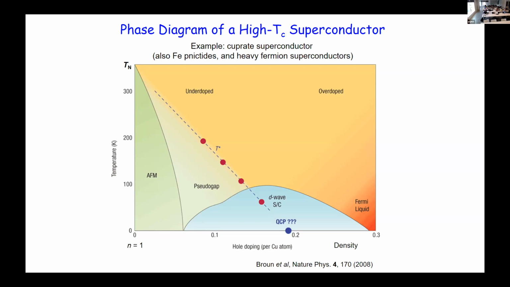There's perhaps a quantum critical point here, but all of this in this very low temperature region is difficult to access for cold atom experiments, but also difficult to access for condensed matter physics as well because of impurities and defects and so on.